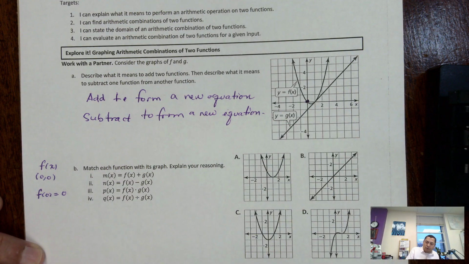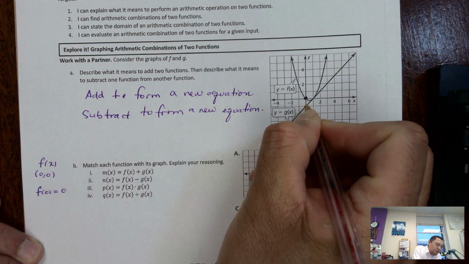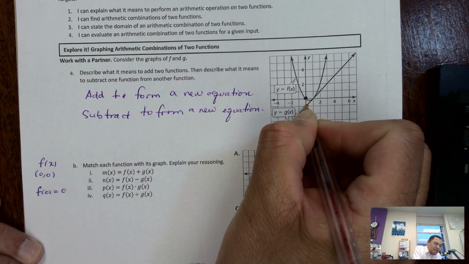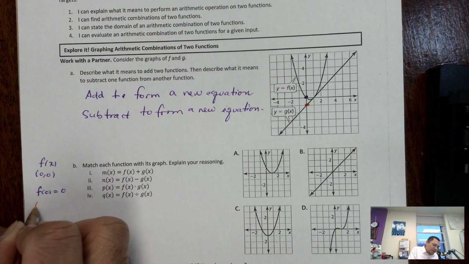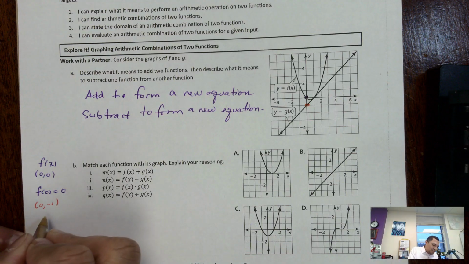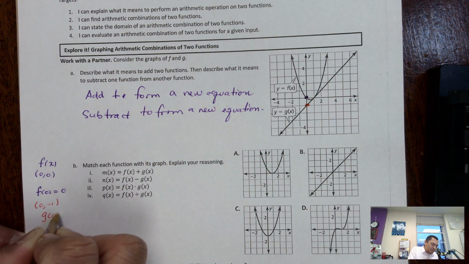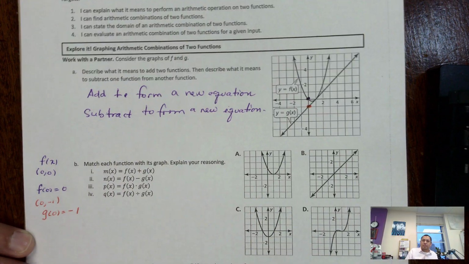The second function, it's pretty obvious, goes through (0, -1), so my g(x) function is g of 0 equals -1. That's f(x), that's g(x). Now we're going to perform these operations.